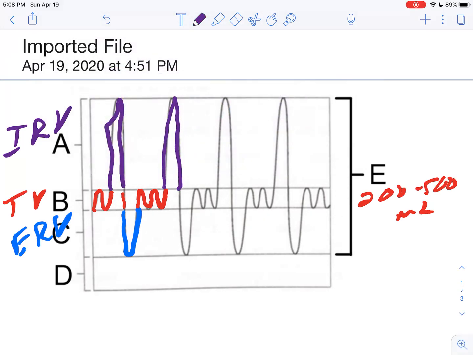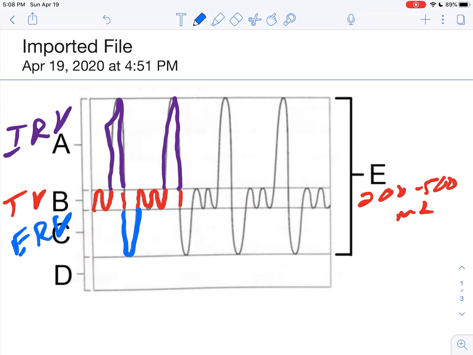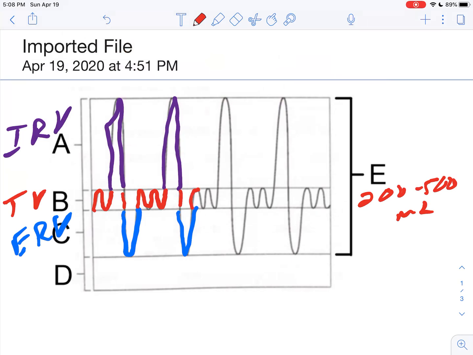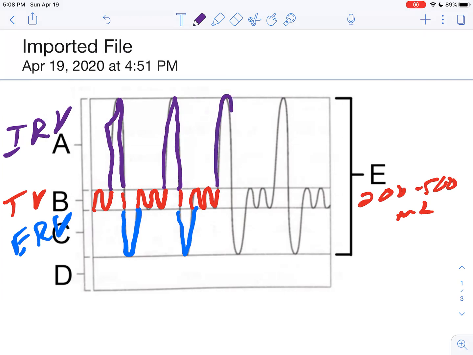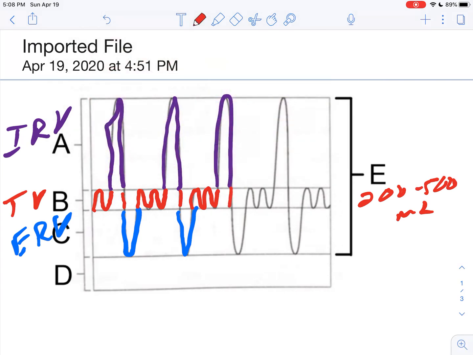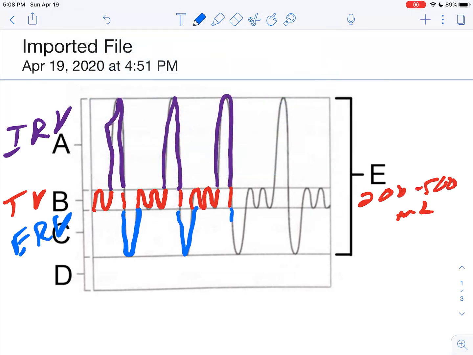Inspiratory. Normal. Expiratory. Back to normal. Expiratory again.